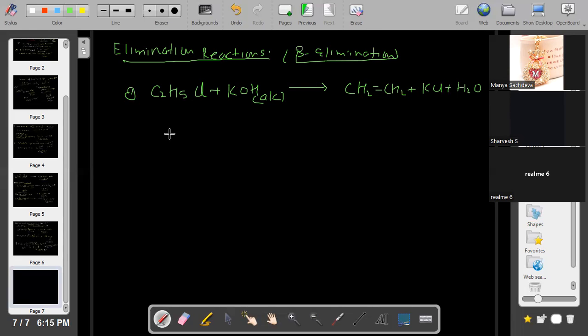Mechanism, how this reaction happens, the process of the reaction. That is an SN2 kind of reaction, not SN1.